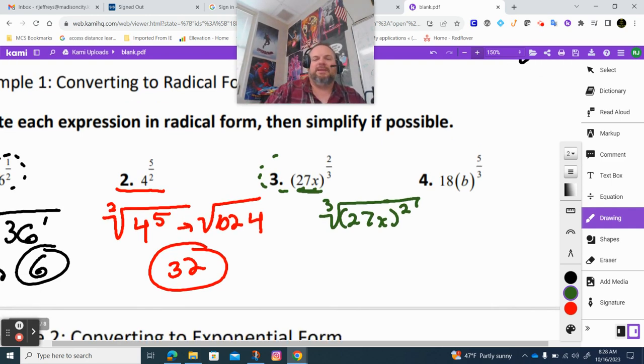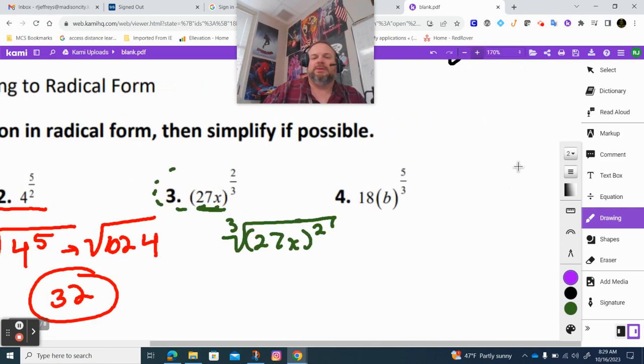All right. Number four. What is the only thing that's being raised to that fractional power? What is the only thing?